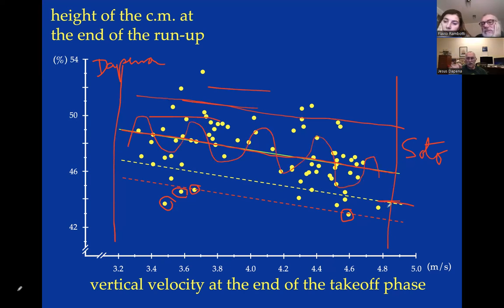I didn't say that right. About 2/3 of all the high jumpers will be between this line and this line, so that we're not having people try to go to a very extreme value.